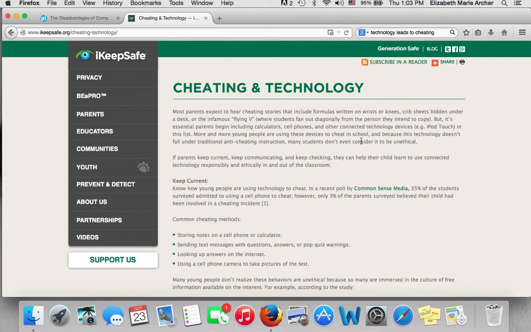What's a crib sheet? Flying V? I've never even heard of some of this stuff. Essentially, parents begin including calculators, cell phones, and other connected technology devices. Who is allowed to have an iPod Touch in their classroom? Well, let's be honest here.